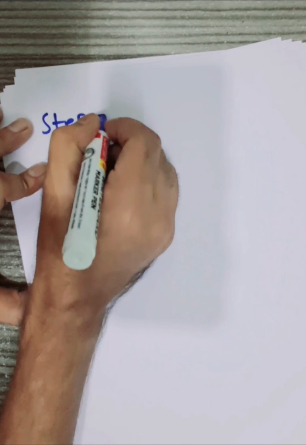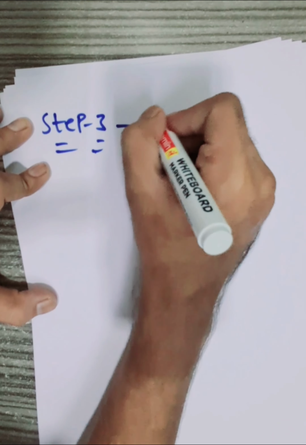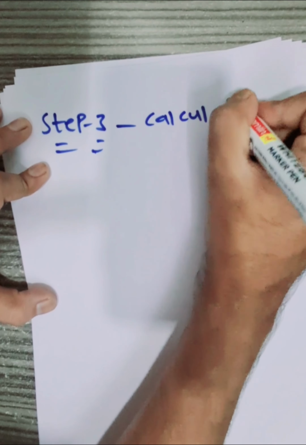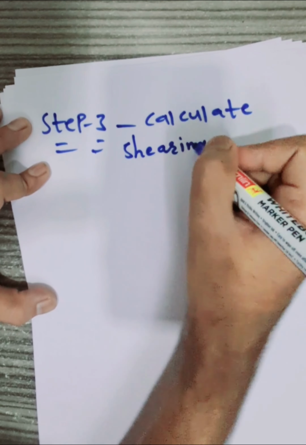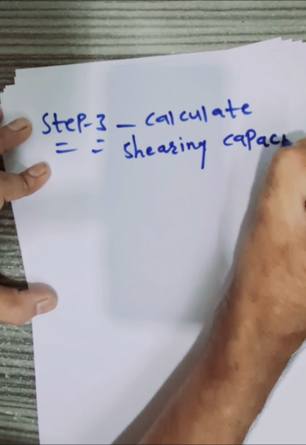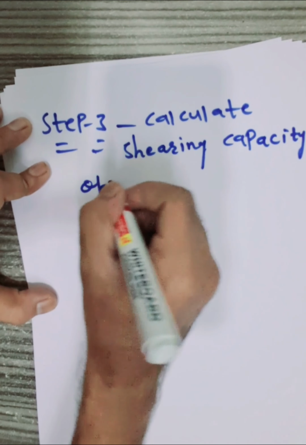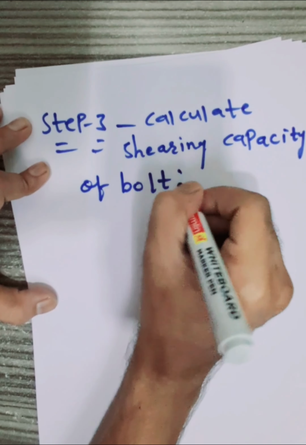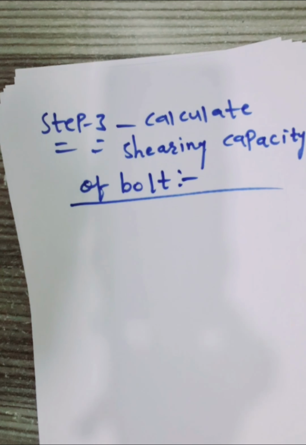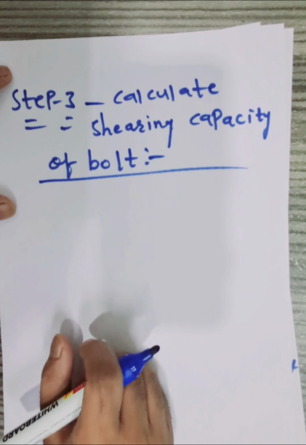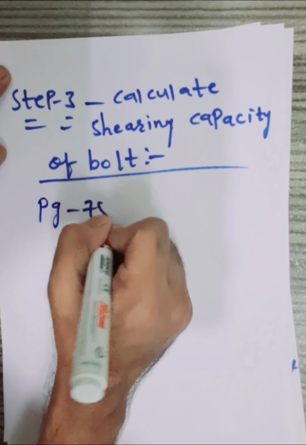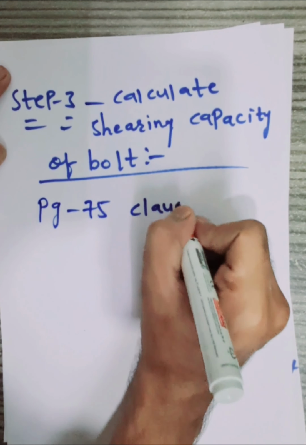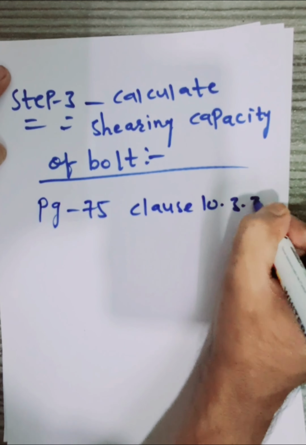Step 3. What is that? Calculate the shearing capacity of bolt. Generally you will find this in the design of shearing, page 75, clause 10.3.3.